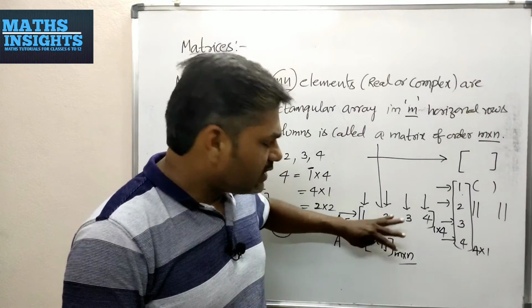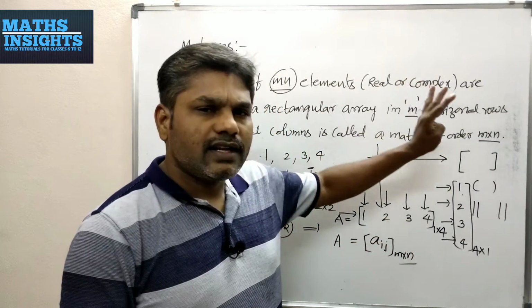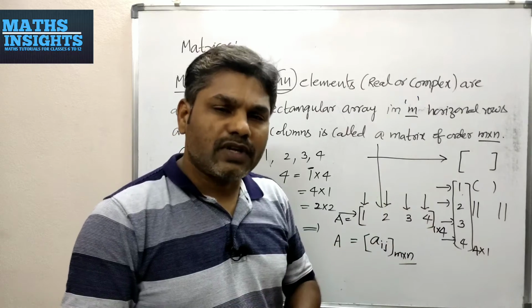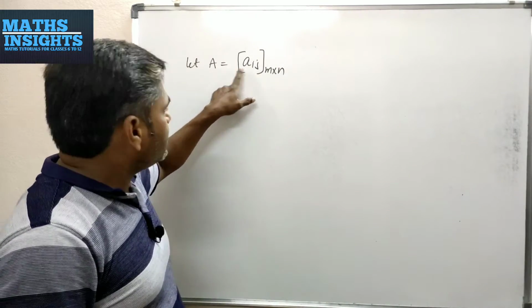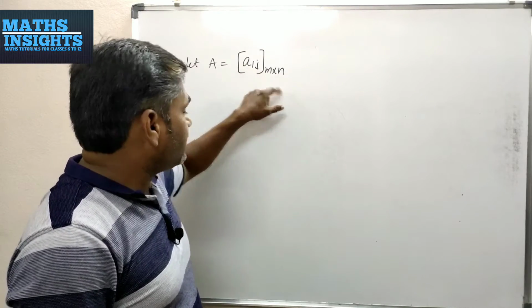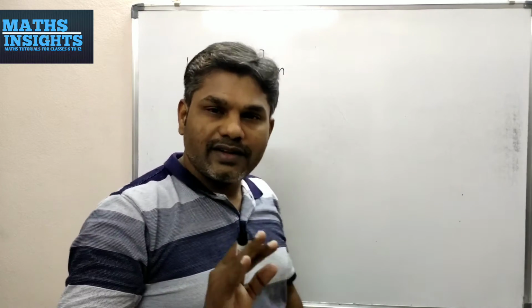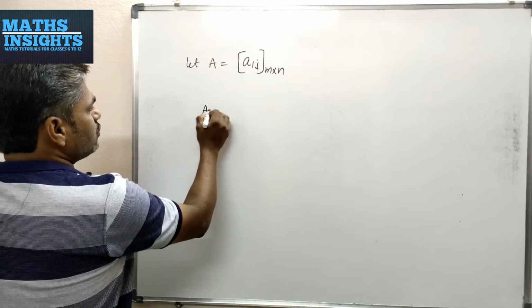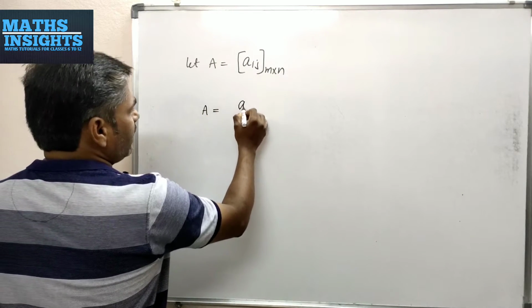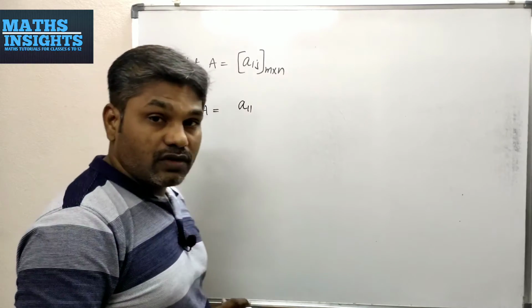I will write this matrix clearly and expand it, then it will become clear to you. Now I have taken a matrix A which is written in compact form, Aij, with m rows and n columns. I will expand it. How will it be? A equals, I am writing the element of the first row, first column.